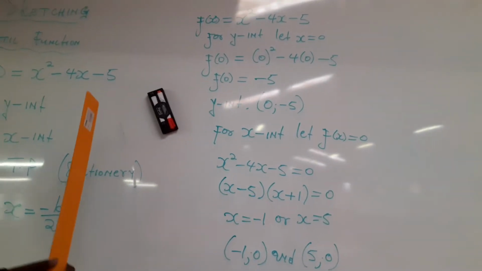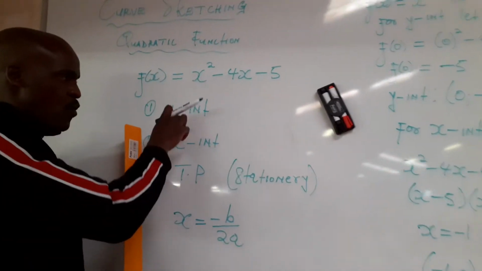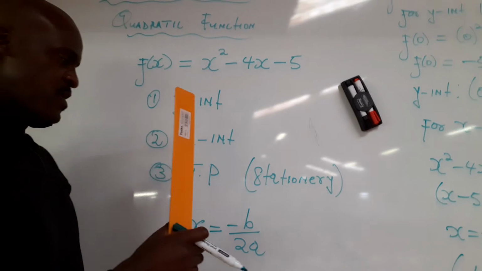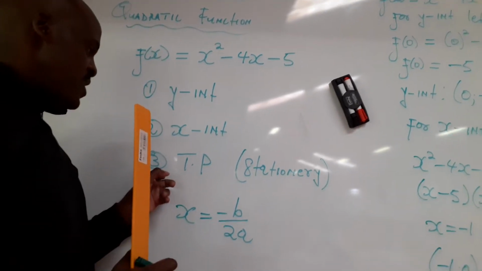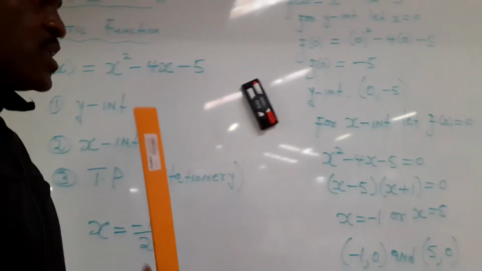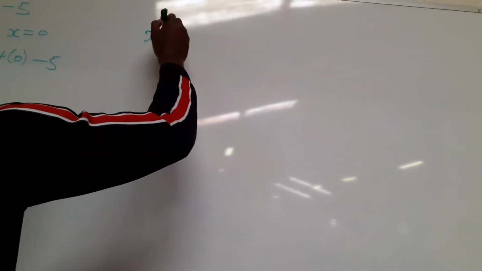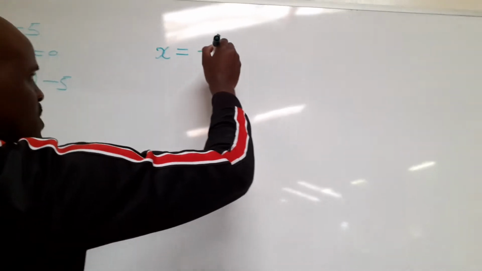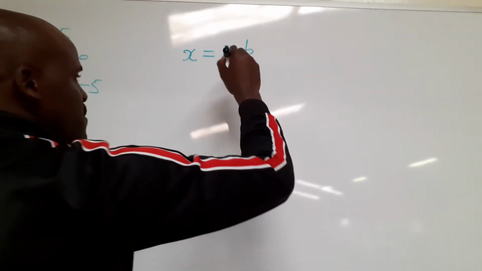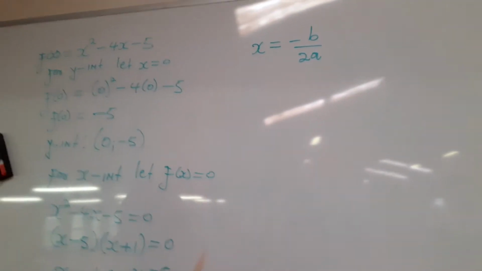And then we've got the two now, the y-intercept and the x-intercepts. Now we are to find the turning point or stationary point. Remember, for the x value at the turning point, we use the equation for the axis of symmetry, which is given by minus b over 2a.